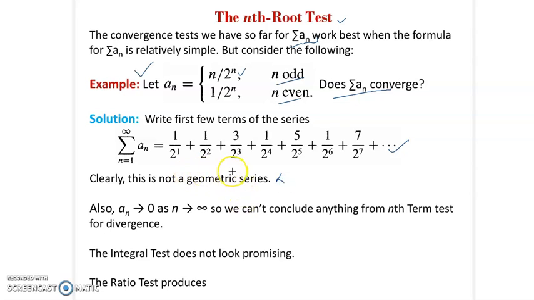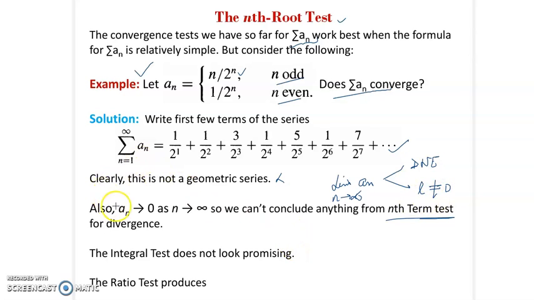Next, we try to apply the nth term test for divergence, with the help of which we can conclude the divergence of a series. Then the nth term test for divergence says that if the limit of an as n tending to infinity does not exist, or if this is some number different from 0, then we can conclude the divergence of the series.